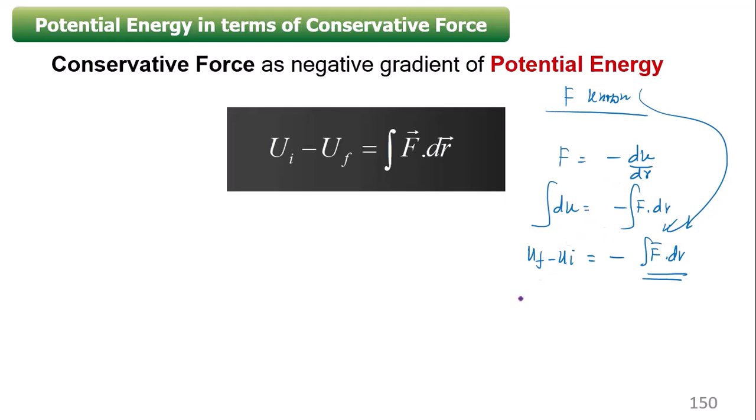So finally U final should be equal to U initial minus the integration of F dot dr. From this equation you can calculate either U final or delta U. Both ways you are correct to calculate U. Ultimately you have to calculate the final potential, so you should be given the value of the initial. Here U at point (1, 1) is given as 10. That is the U initial, and you are asked to calculate the U final.